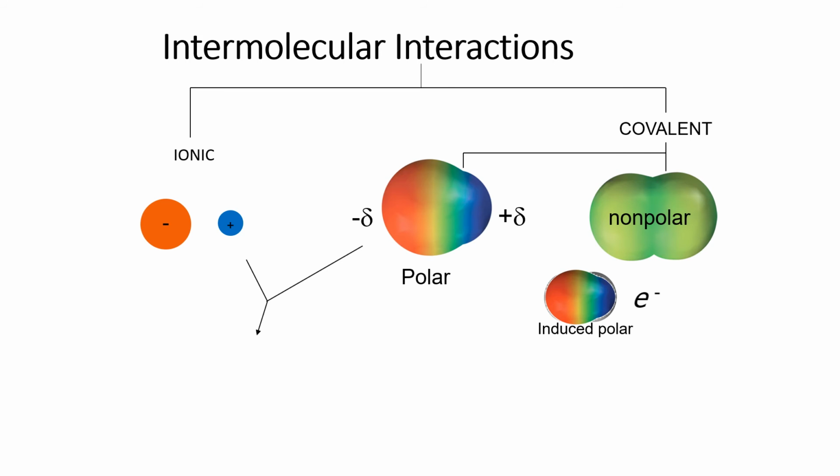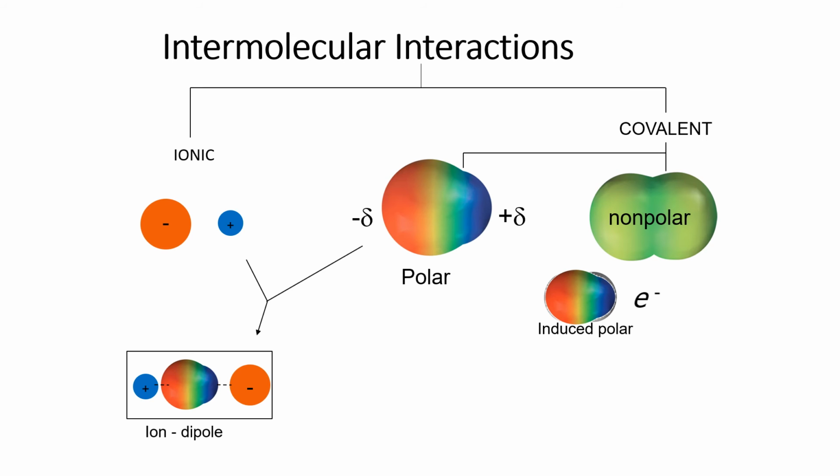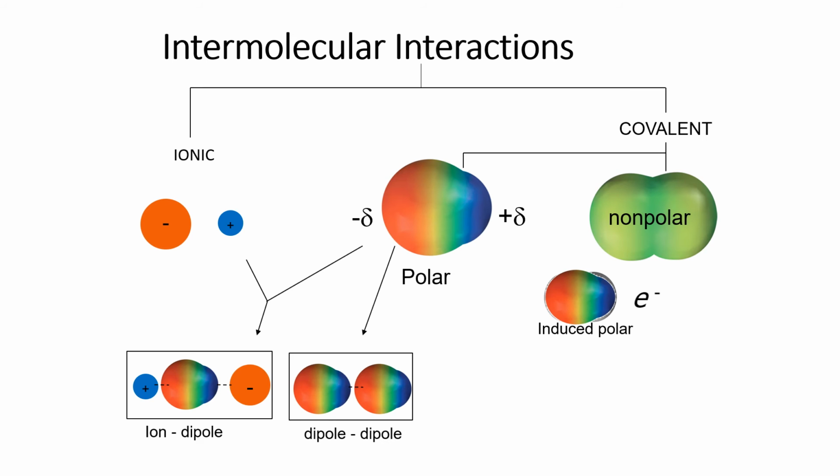So let's consider ionic and polar compounds combined together. We call this kind of interaction ion-dipole interactions. The next type of interaction is dipole-dipole interactions, which are formed between polar compounds.